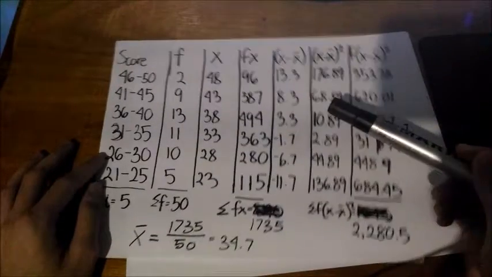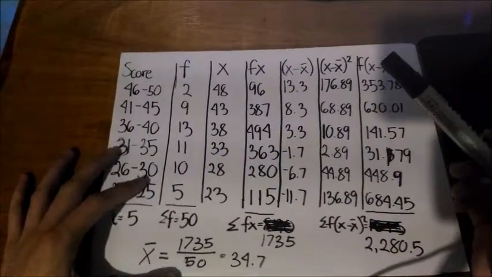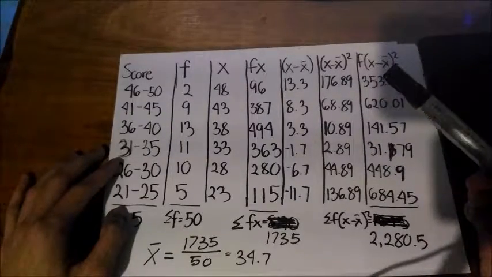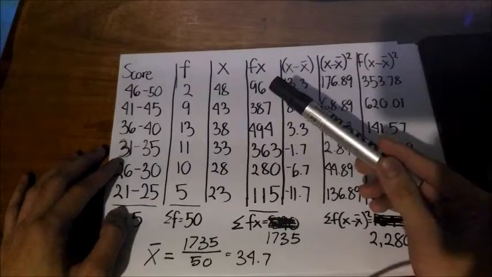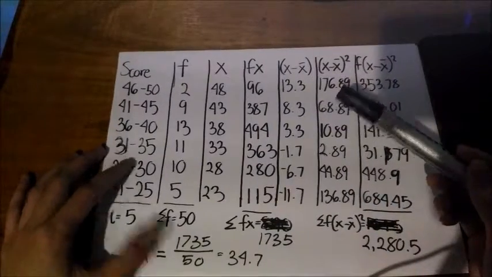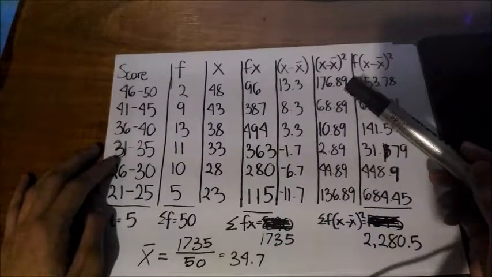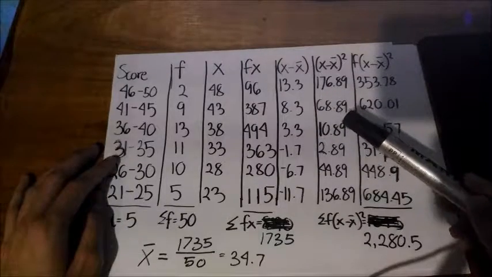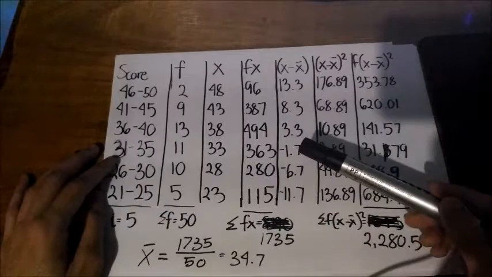Next, you square this. 13.3 squared is 176.89. 8.3 times 8.3 is 68.89. 3.3 times 3.3 is 10.89.